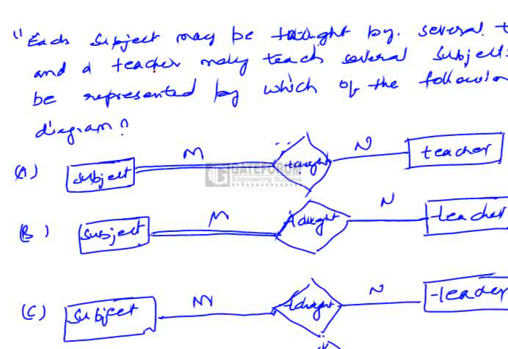So it is partial. So here it should be a single line, not a double line. If it is total, then the statement should be like this: a teacher may teach one or more subjects, or at least one subject. Then the participation would be total. So here it is partial. So here the correct option is option C.